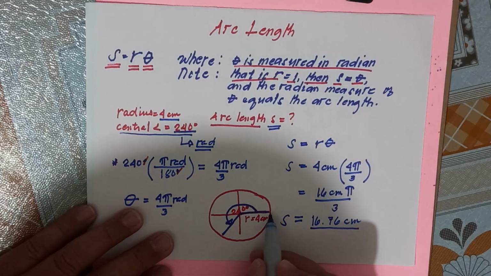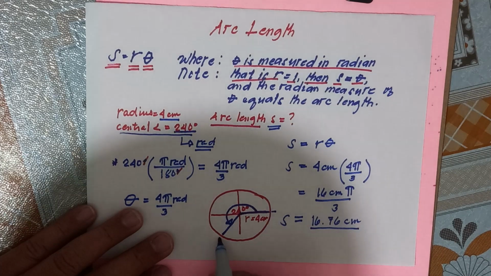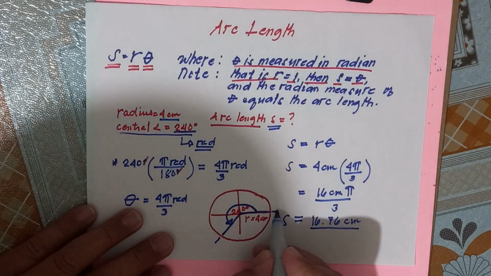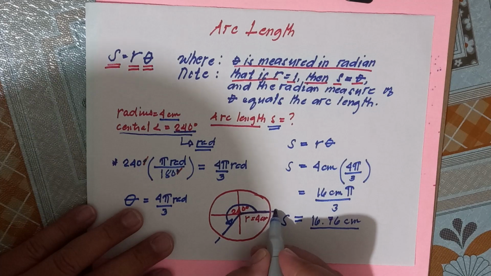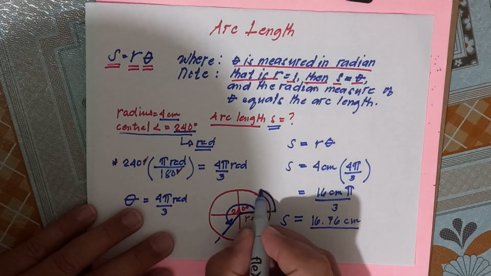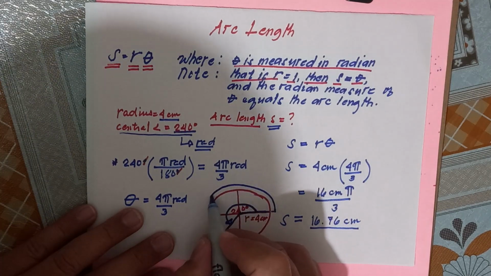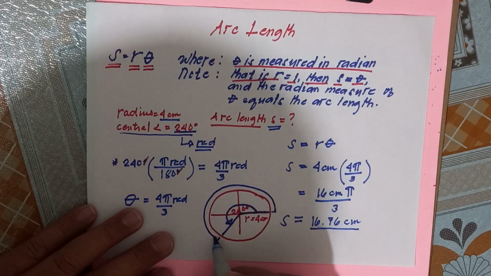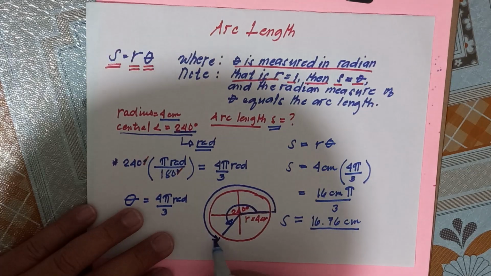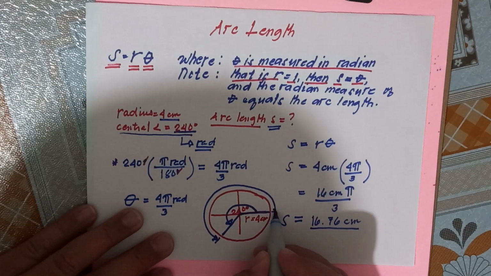Our S comes from this one, the intercepted arc, this side of the circle.